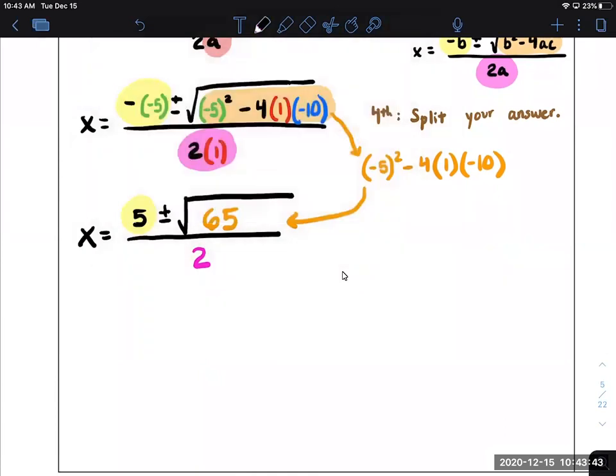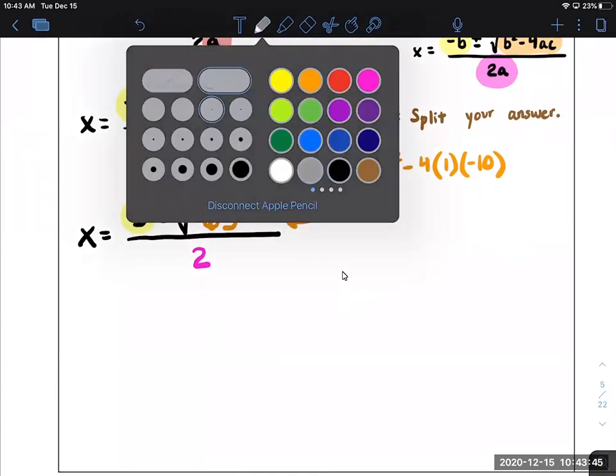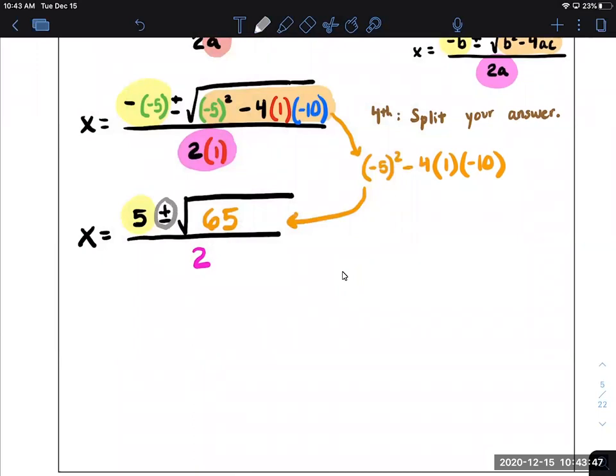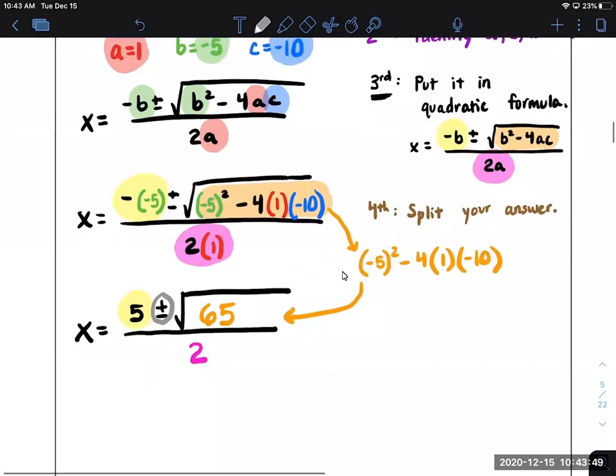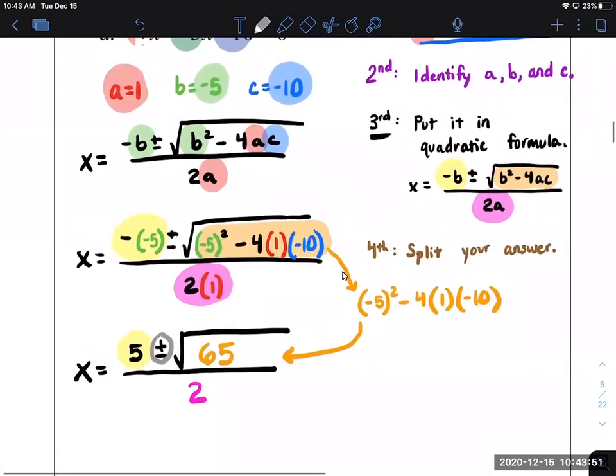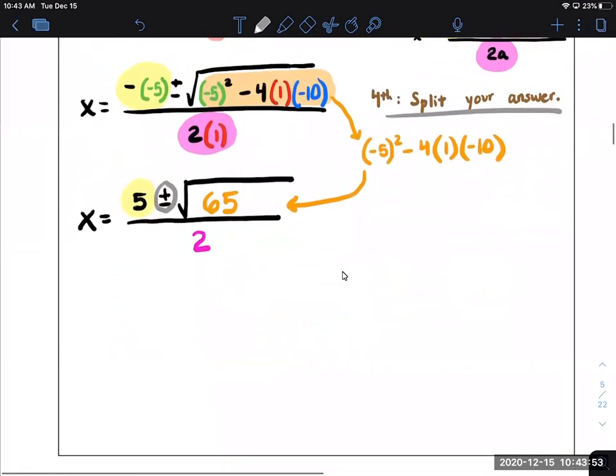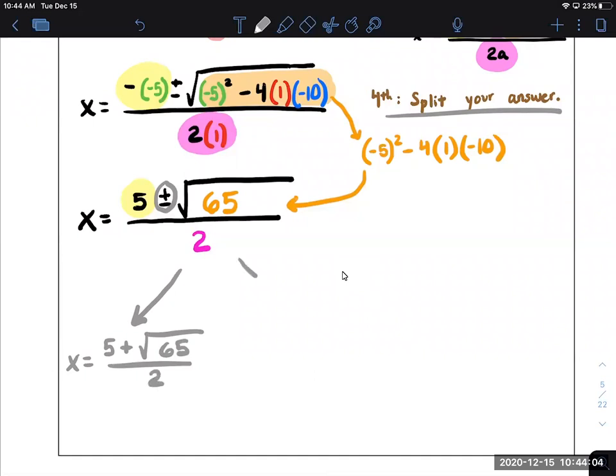Now remember, whenever we have this plus or minus, that means that we need to split our answer. So that's our fourth step, split your answer. So we're going to have one answer that has the plus in it. So x equals 5 plus square root of 65 divided by 2.